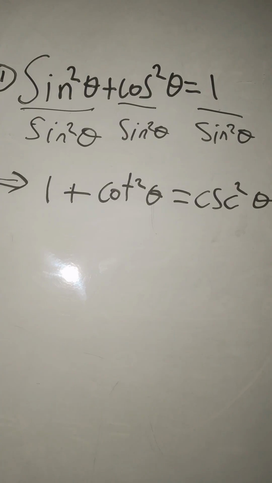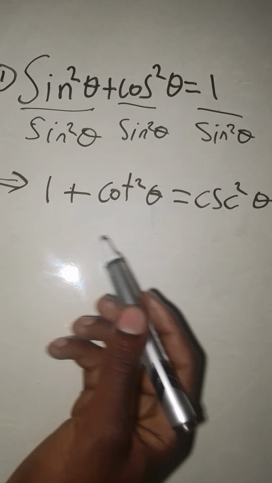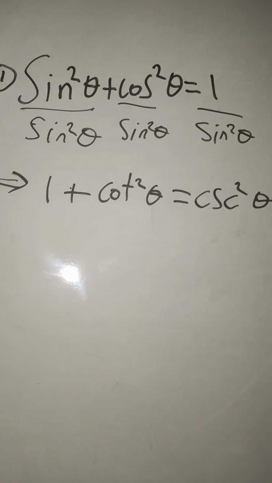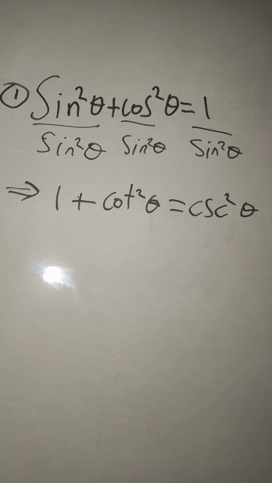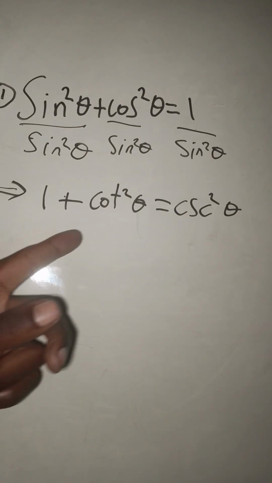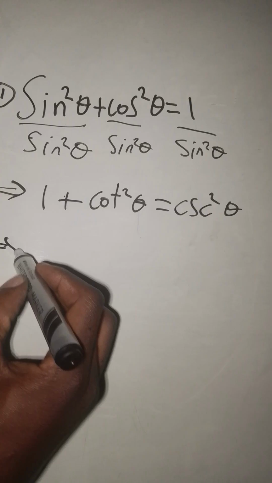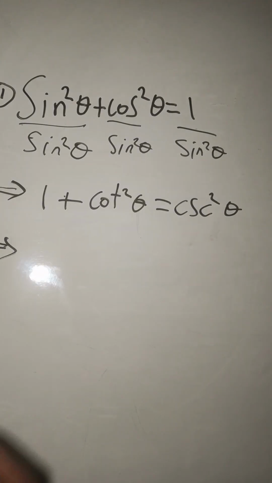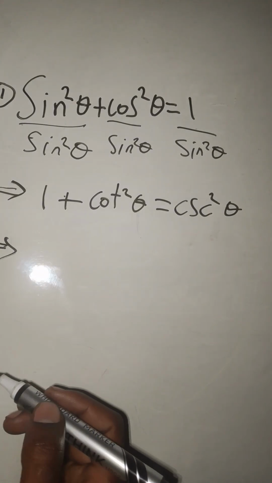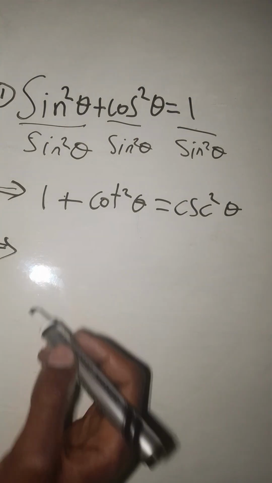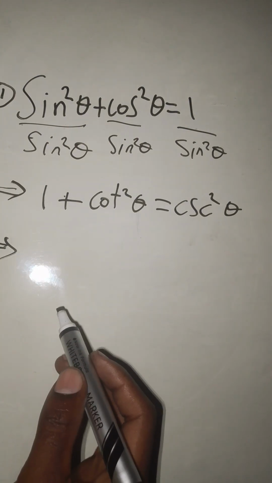So how can we show that this part is equal to this one? For us to show that this part is equal to this one, we're going to start solving. So the first thing that we are going to do is choose the side that we want to work on.